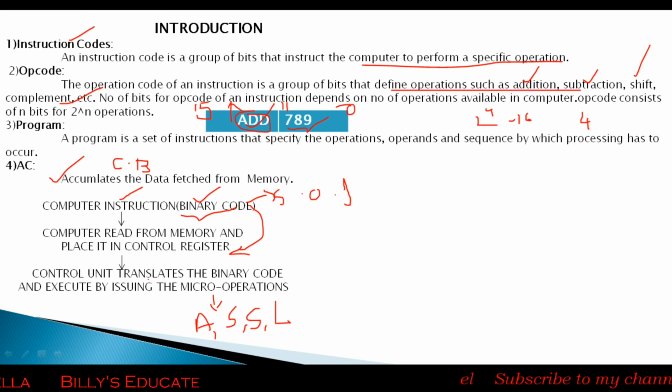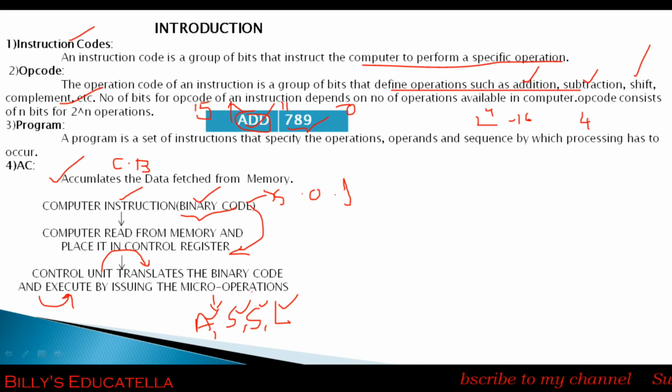The control unit's main task is to translate the binary code so that the program gets executed.